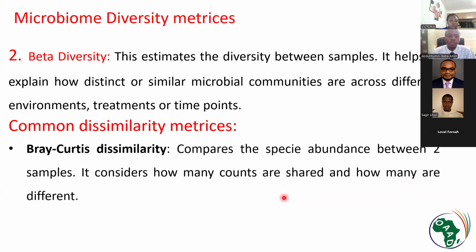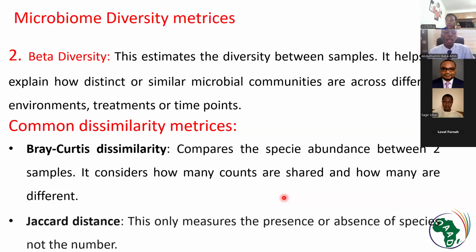One of them is the Bray-Curtis dissimilarity matrix. This compares species abundance between 2 samples. It considers how many counts are shared and how many are different. When we talk about counts here, we mean OTU counts, just like I showed you earlier.